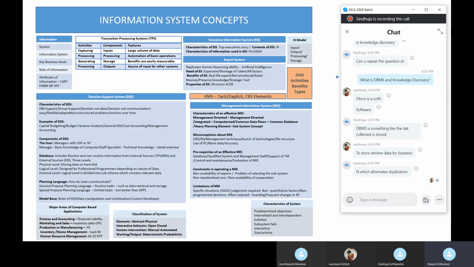Please don't write in the exam whatever I am telling you about these concepts. They are not going to expect that from you. Whatever I am teaching you here is outside the syllabus. You only have to mention these four terms in one line in the exam: database management system, data warehousing, data mining tools, and knowledge discovery.